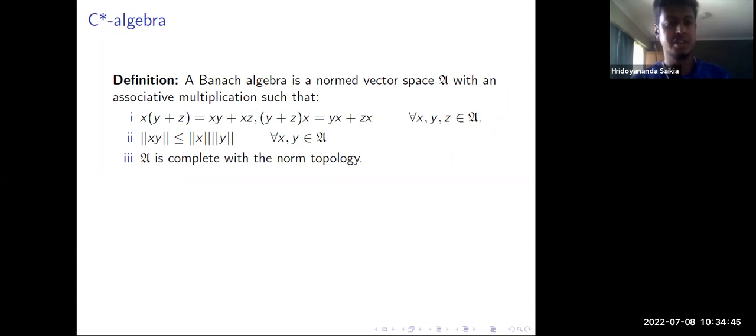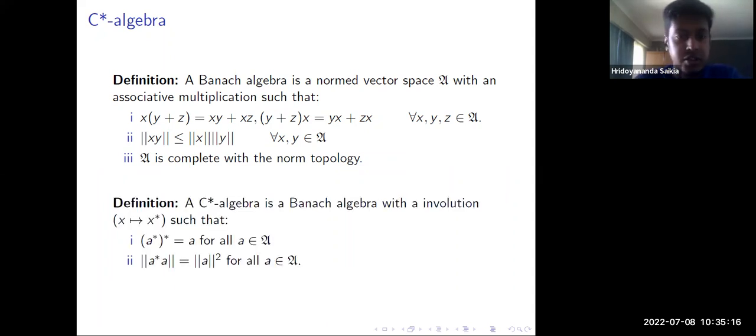Second, the multiplication is continuous: the norm of xy is less than or equal to the norm of x times the norm of y for all x, y in the Banach algebra A. And with respect to this norm, the vector space is complete.